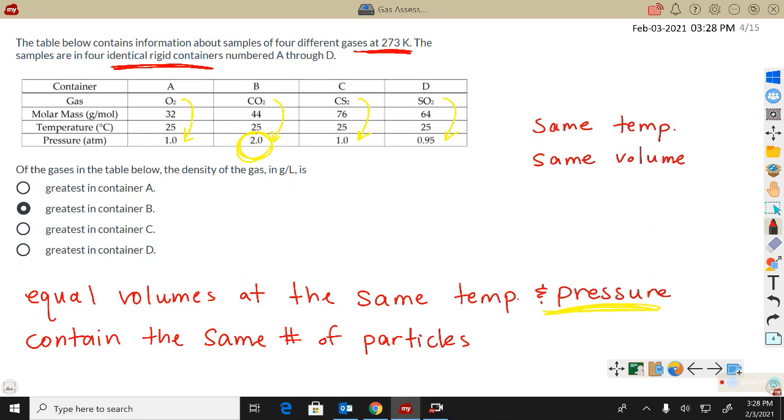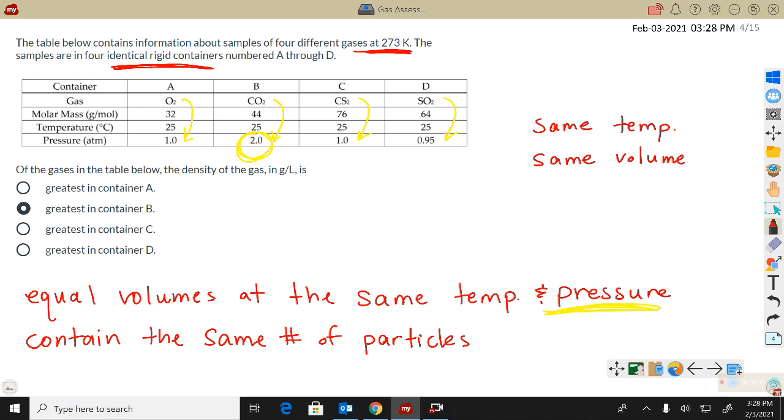Here was maybe the trickiest of these that dealt with this little table. Of the gases in the table, the density of the gas in grams per liter is greatest in which container, basically.